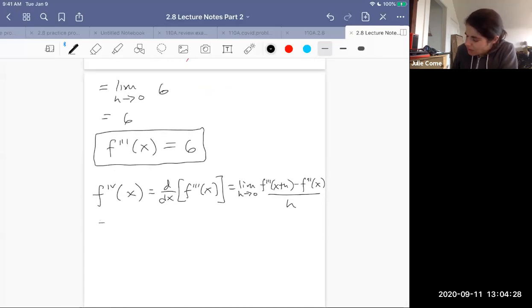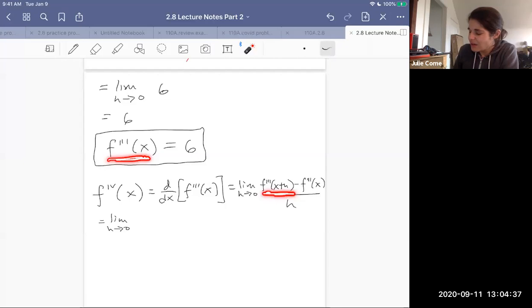Now this one looks a little weird, because how in the world do I evaluate f triple prime of x plus h? Well, f triple prime of x doesn't have anything to do with the input. It's just a constant. So what's f triple prime of x plus h? Well, f triple prime of anything is always just 6. What's f triple prime of x? Again, it's just 6, over h.